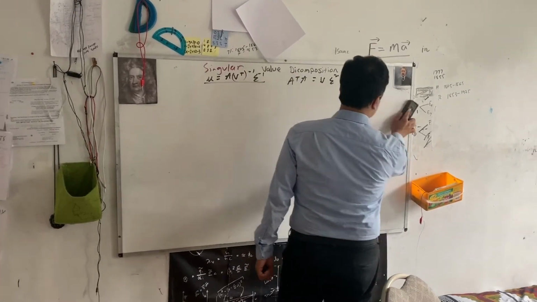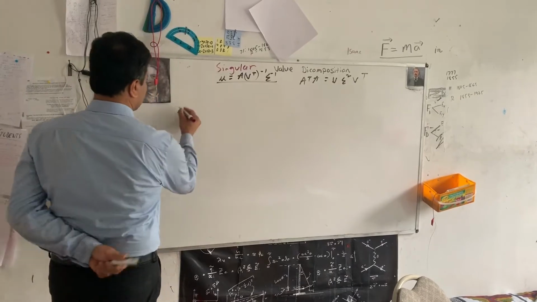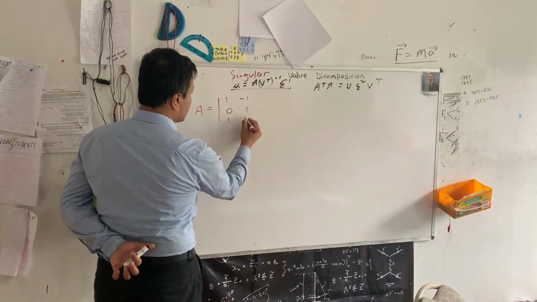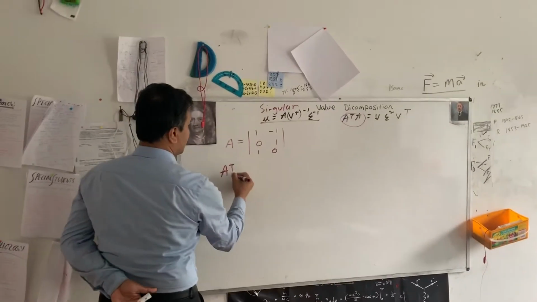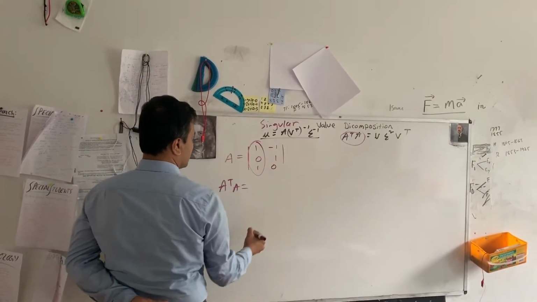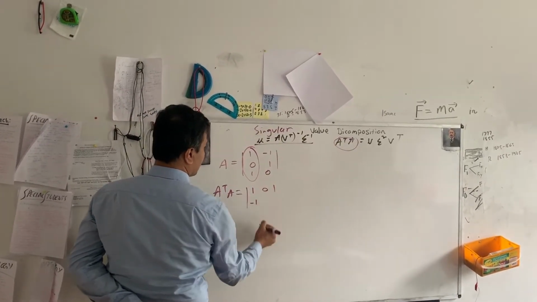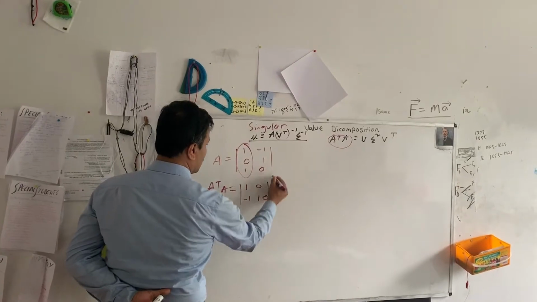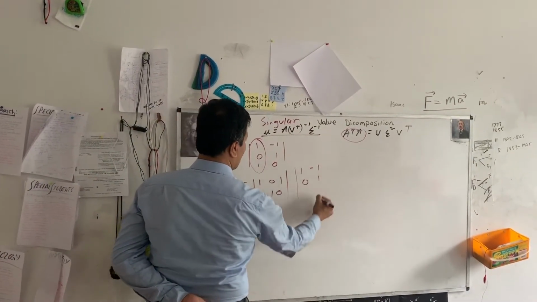All right, so let's first start with the problem. Our problem tells us that A is given, and we want to find A transpose A. Let's transpose it first: 1 0 1, negative 1 1 0, and A is simply this one: 1 minus 1 0 1 1 0.